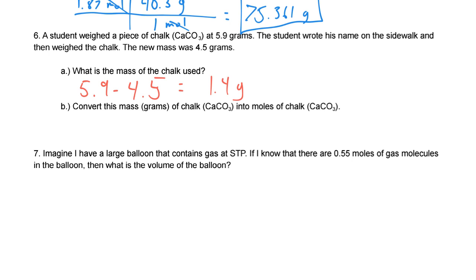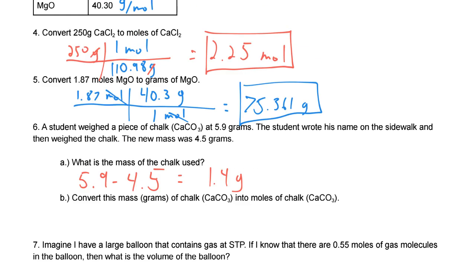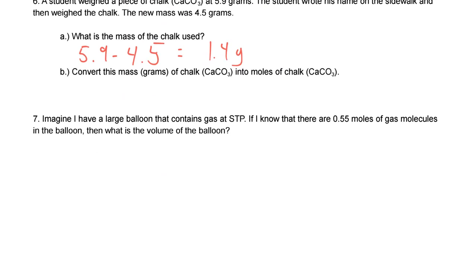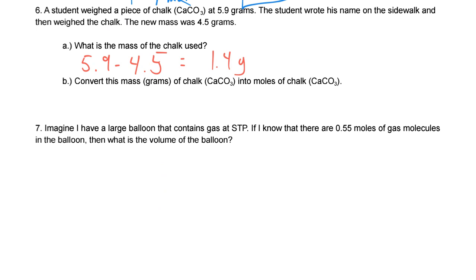Now we have to convert this to moles of calcium carbonate. We're not told the molecular formula for calcium carbonate. So we have to add that up ourselves. So before we can start the problem, let's figure out the molar mass of calcium carbonate.